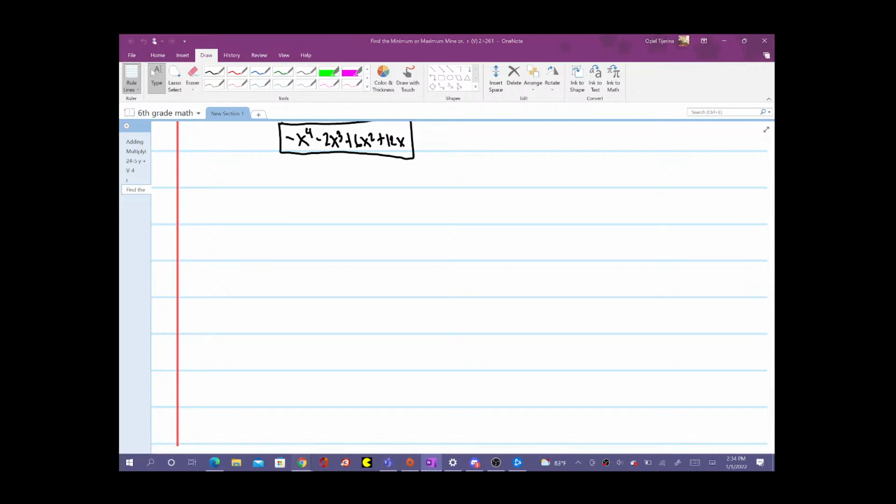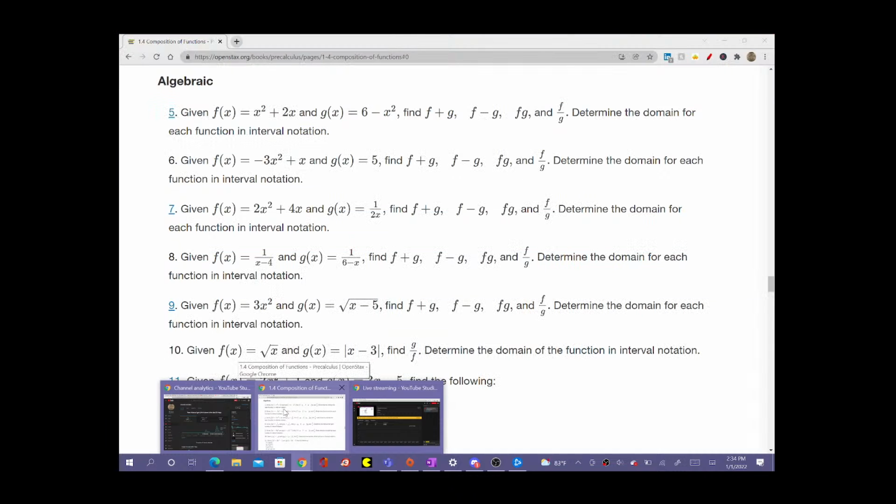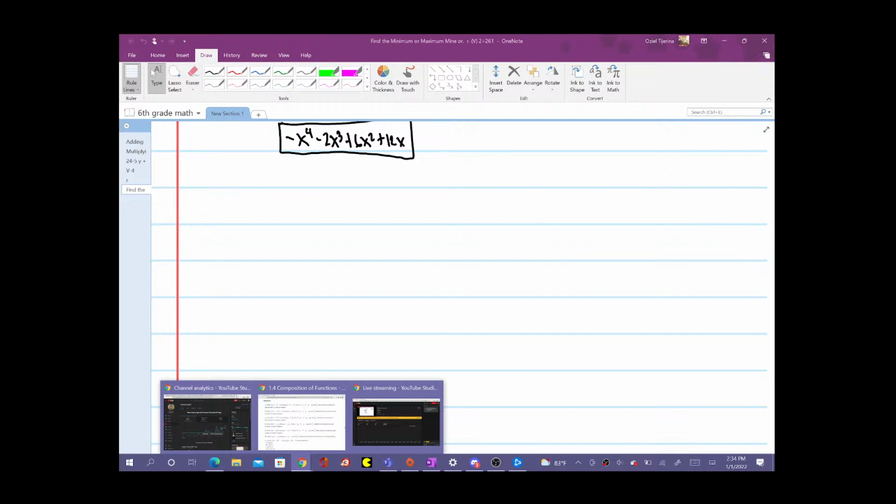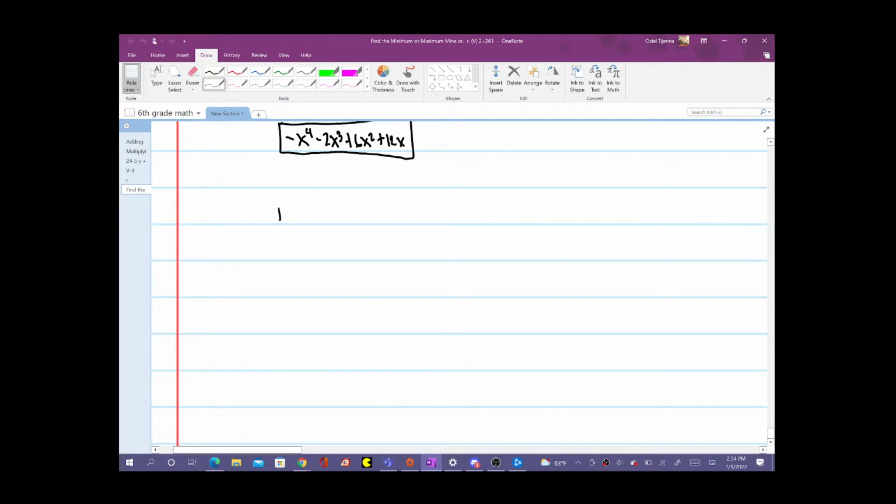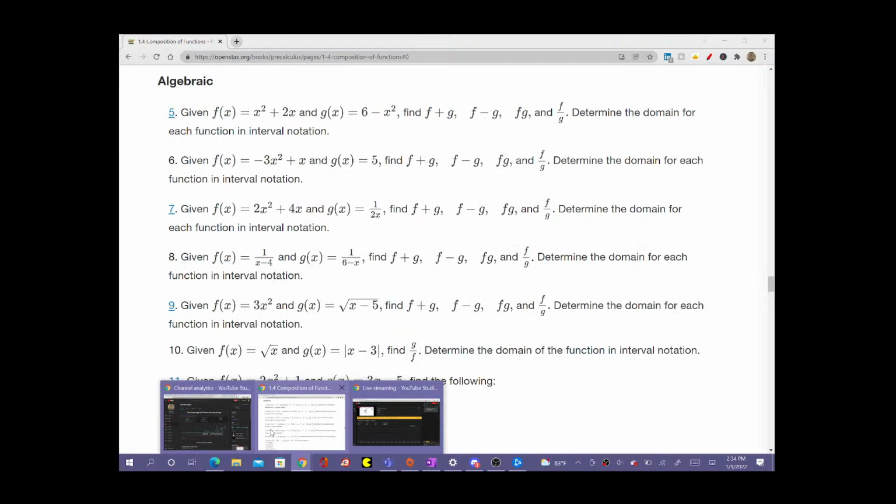the other parts. So for the next one, we have, given that f of x equals negative 3x squared plus x, and g of x is 5, find f plus g, f minus g, f g, and f over g. Let's just double check.